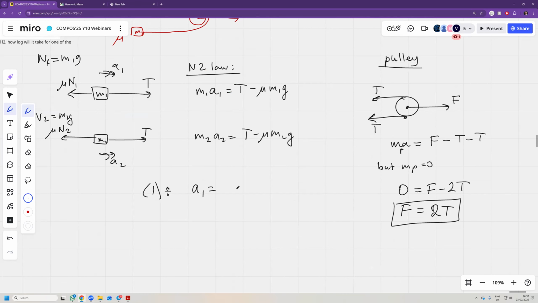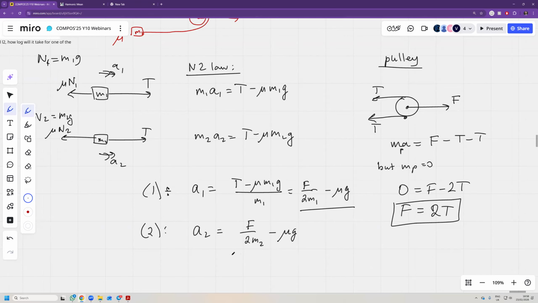A1 is T minus mu M1 G divided by M1, so that is F over 2M1 minus mu G. That's the acceleration of the first block. For the second block, A2 is F over 2M2 minus mu G. Oh, nice. So we found the accelerations.